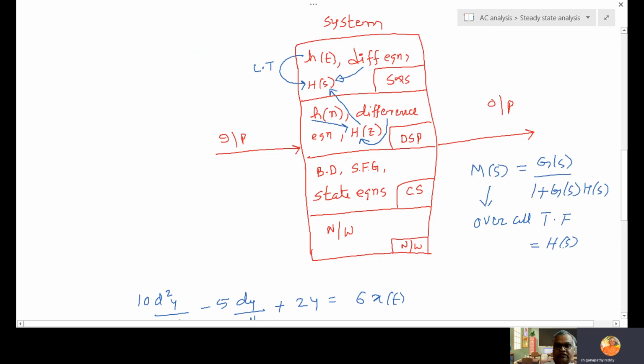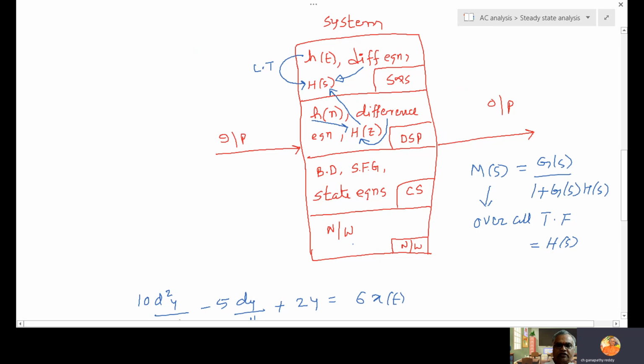Not in control systems, but in signals and systems, H of s means the system function. So this M of s is considered like H of s in signals and systems. Then state equations can also be converted into a transfer function, that is, H of s.